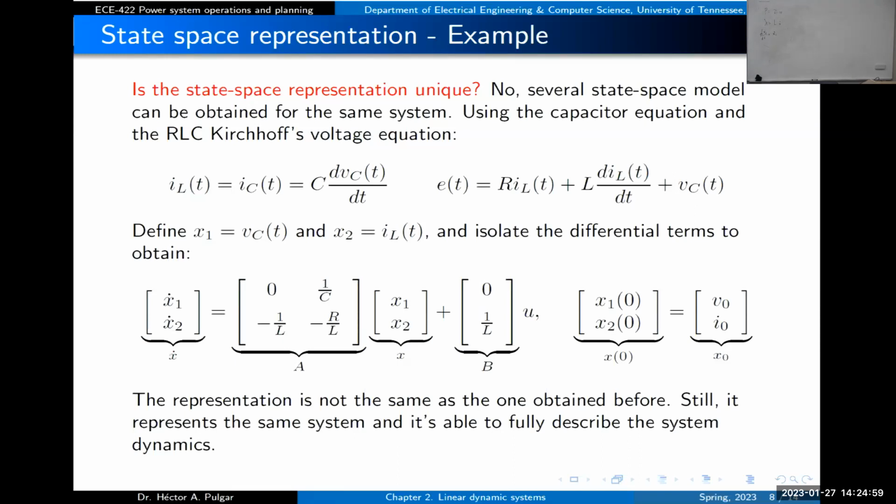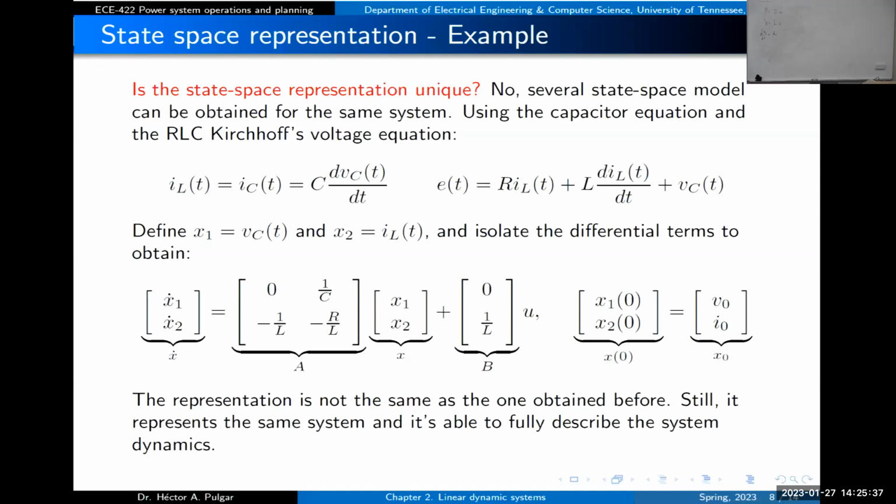In this case, it's easy because x1 dot is equal to x2 divided by C. That is exactly what we have in this first equation. x1 dot, which is the derivative of voltage VC, is equal to x2, which is the current in the inductor, divided by C. And in this vector, we have 0.